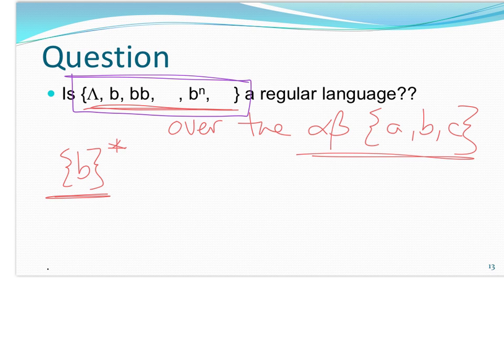This is just B star. This is 0 or more times taking something out of here. So there's 0 times taking a string out of here. Here's just going through once and taking a letter. Here's taking 2 letters out of there, and so on. So, yep, this language here is indeed a regular language.